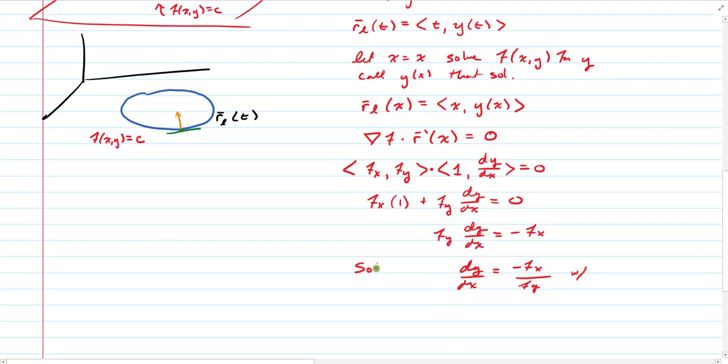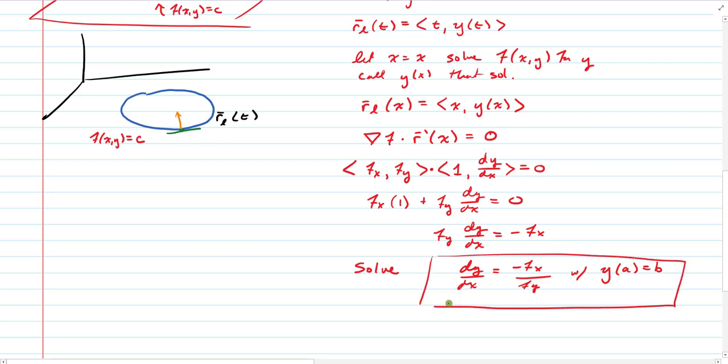Let's solve the differential equation dy/dx is equal to minus f sub x over f sub y, with y of a equal to b. If we solve this differential equation right here, let's call the solution, remember, when you solve a differential equation, you're finding a function, so call that solution g sub x.